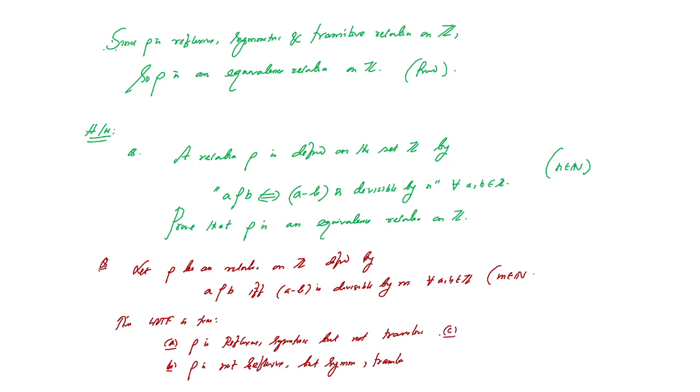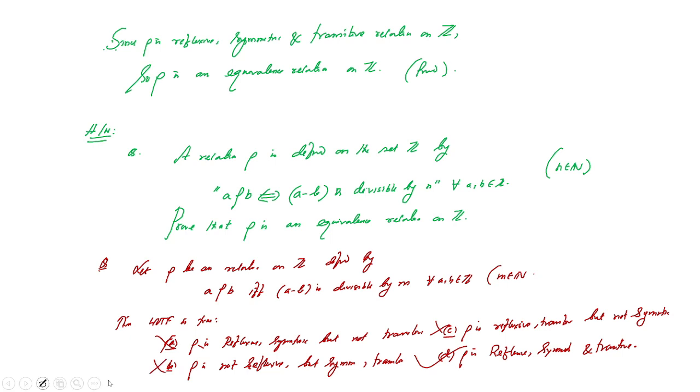Option C, rho is reflexive, transitive but not symmetric. And option D, rho is reflexive, symmetric and transitive. That means rho is an equivalence. So option D is correct. All other options are false.